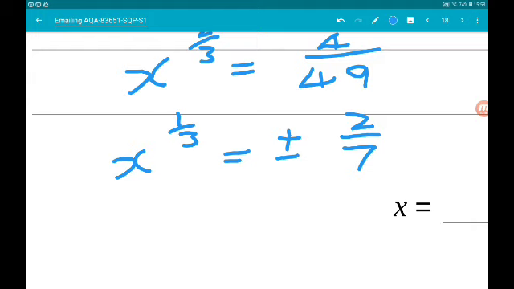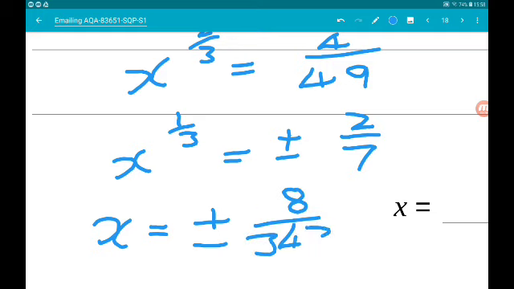Now to undo the cube root of x, we're now going to cube both sides. So x, now if we cube this fraction, we get 8 over 7 cubed, which is 7 times 49, 343. So we get x is plus or minus 8 over 343. Lovely.